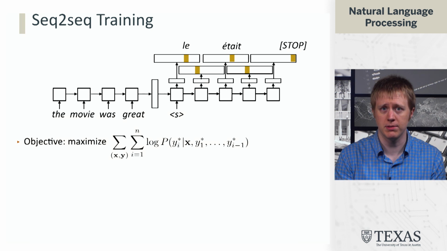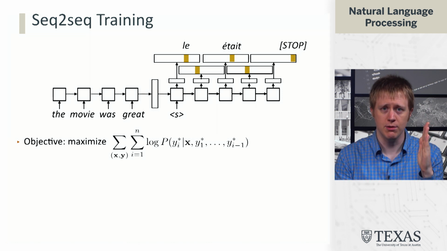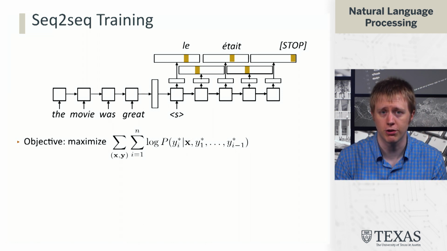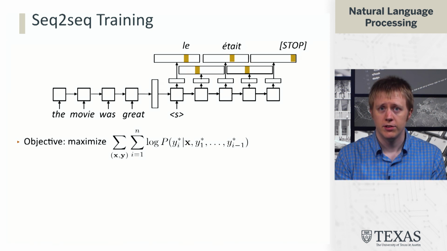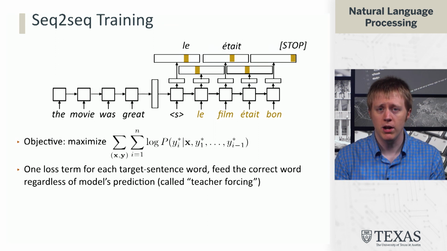So at the first time step, what is the probability the model assigns to L? And then take the log of that. What we're summing over in this objective is the time steps of this sequence, and we're also summing over our training examples, X and Y. So this gives us one term in our loss for each word in this target sentence.